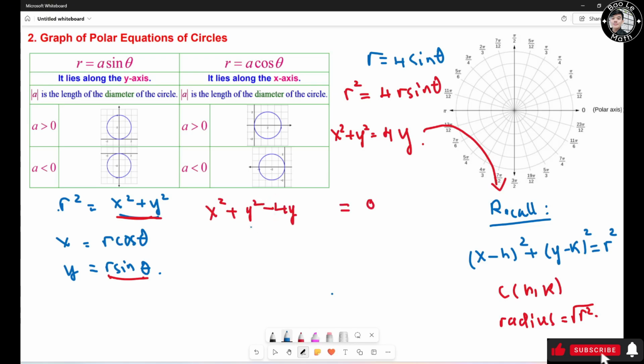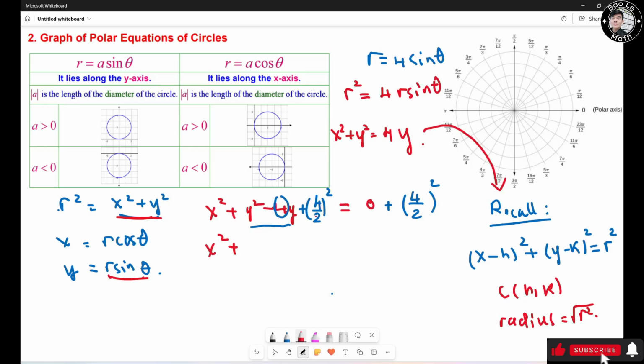Now I'm going to make this one a complete square. So I'm going to take the middle term, 4 right here, divide by 2, all squared. So it's going to be 4 divided by 2 all together squared. I just add 4 divided by 2 squared on the left hand side, and I need to do the same thing on the right hand side, so 4 over 2 squared. Now, the left hand side becomes x squared plus the next 3 terms right here.